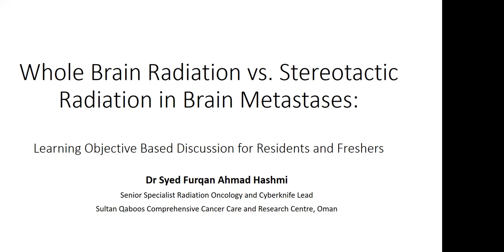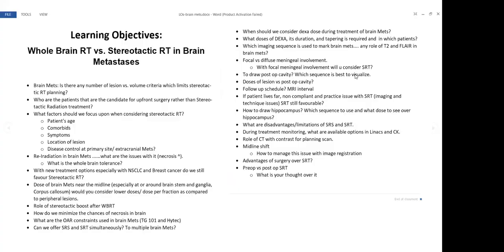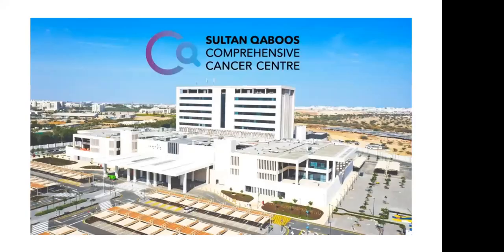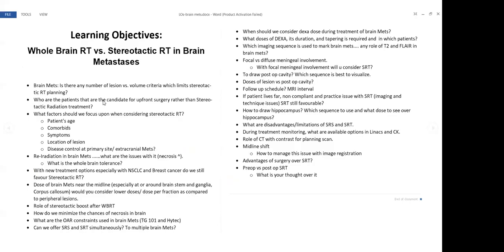Okay, so last time we discussed some of the LOs which were provided before, and because of the time restriction, I could not complete the whole thing. And so today I'm trying to complete the whole LOs one by one. Previously we discussed surgery versus stereotactic radiosurgery and the patient selection, and some of the parameters we take while selecting.